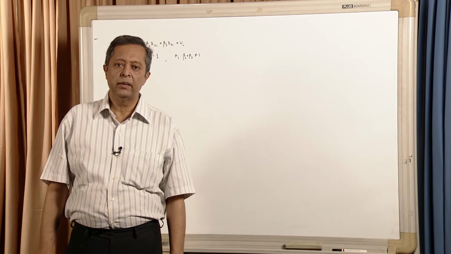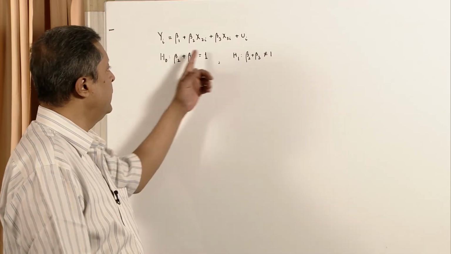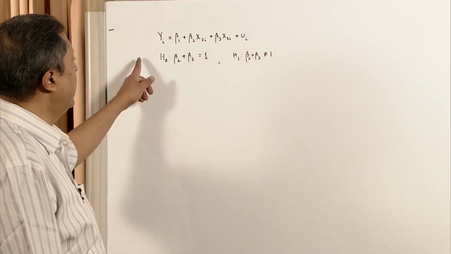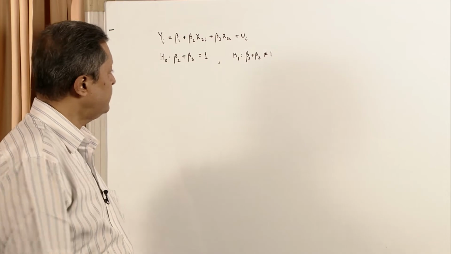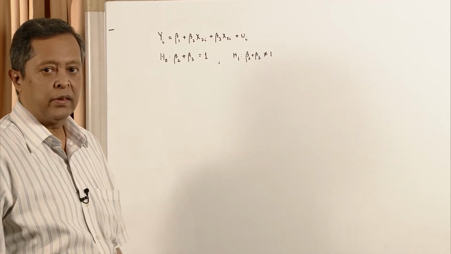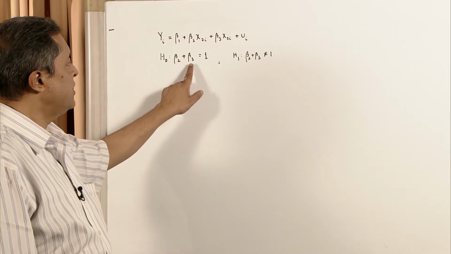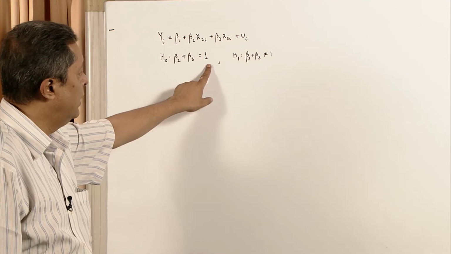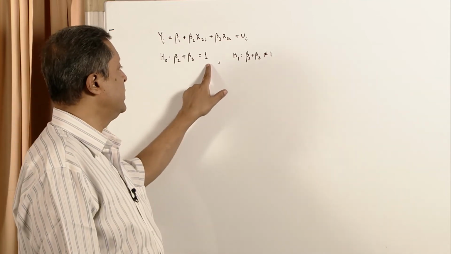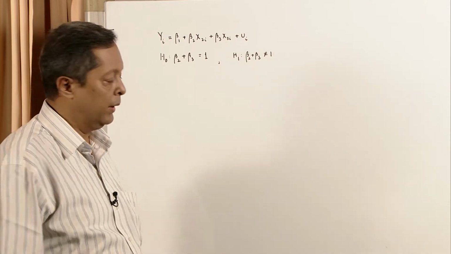To begin with, as earlier we consider the three variable model y_i regressed on x_2i and x_3i. Suppose we consider the null hypothesis that beta 2 plus beta 3 is equal to 1 and the alternative hypothesis beta 2 plus beta 3 not equal to 1.